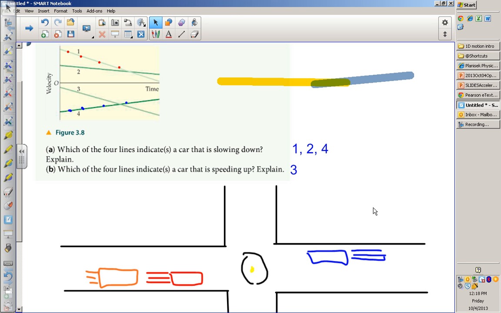And then we need to figure out one. Which one's going faster? Blue one. No, I mean, red, orange, red. The first one is position, so that should be red. Orange is 2, every second. And then blue should be 4.